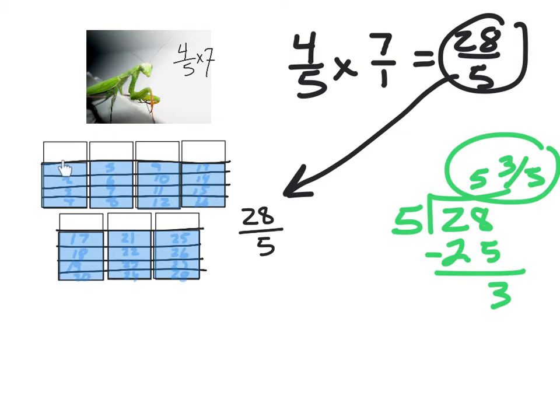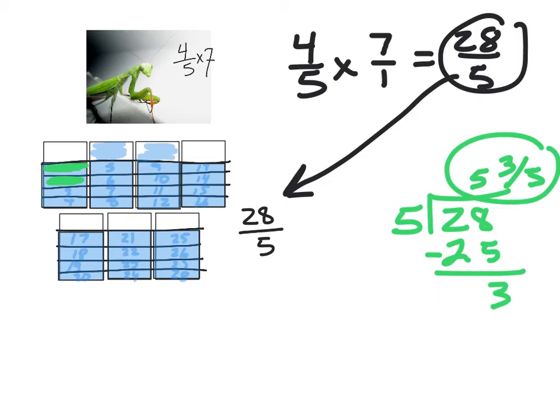Well, let's see what this would look like over here, right? So now I'm going to just start getting rid of some of these and filling in the top here, right? So if I take this one, and I'm gonna use green. If I take this one away, right, and I just get rid of that, and then I color in this top one, then that's one whole, right? And then I'm gonna get rid of this one here, and I'm gonna move it up here, and that gives me a second whole one.